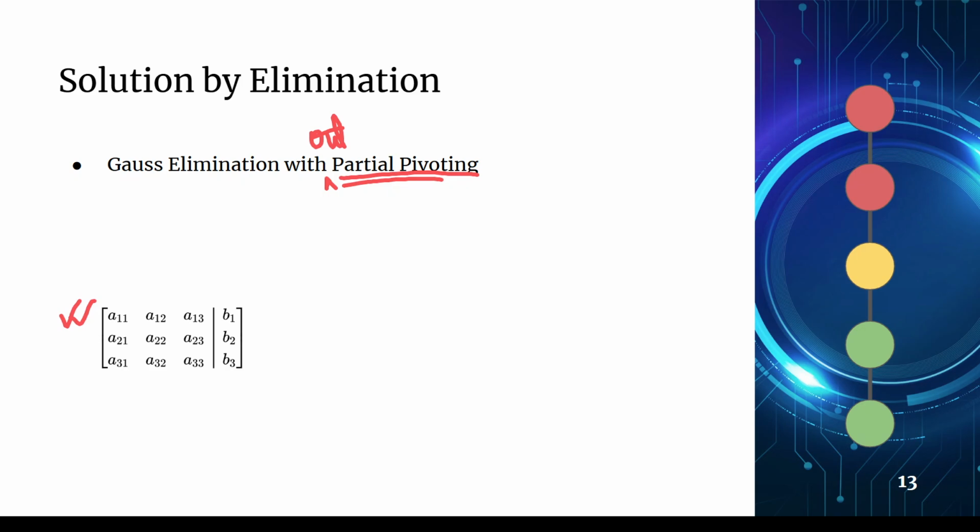If this is the overall matrix, my first step is to make this 0, and this one is also 0. I want to make A21 vanish and A31 vanish, and whatever happens to the other entries in the process is natural.